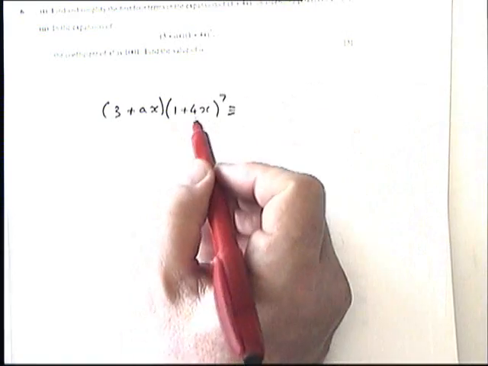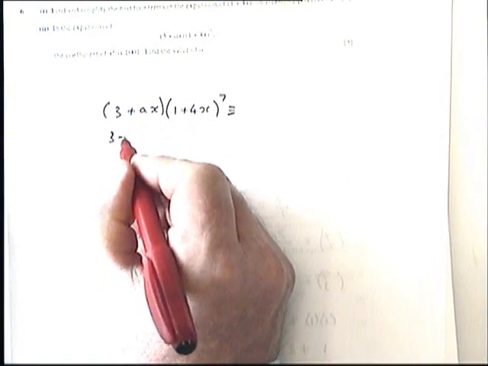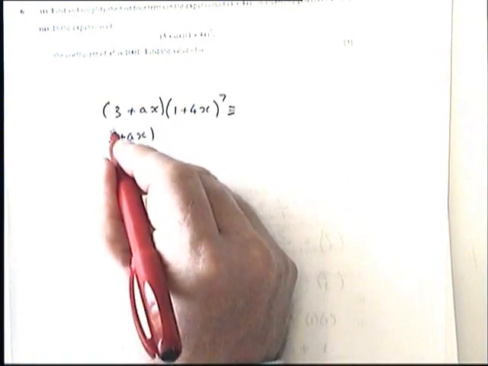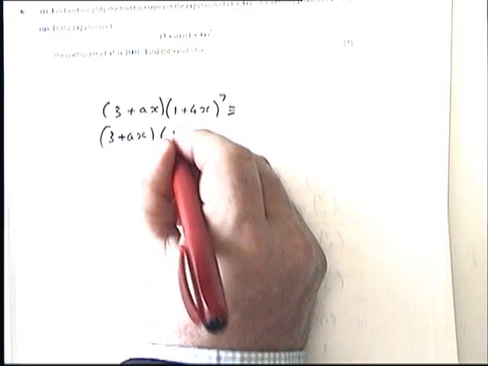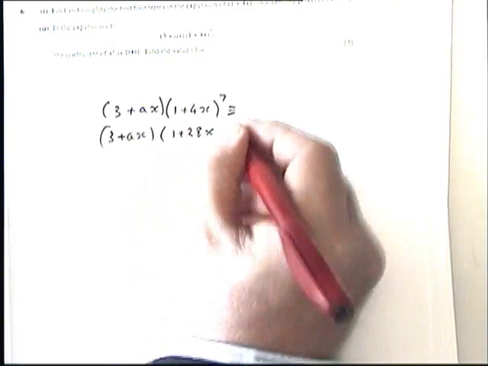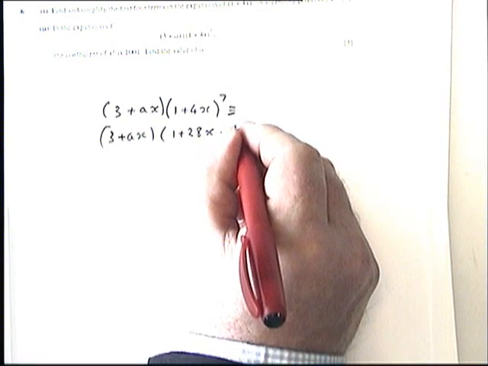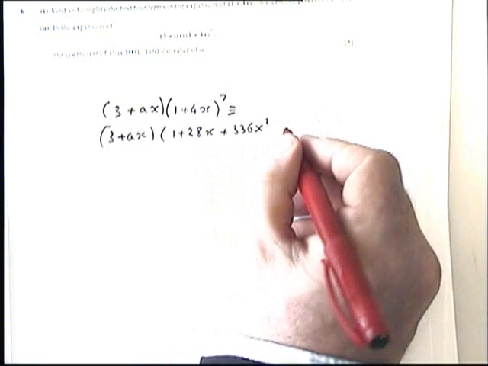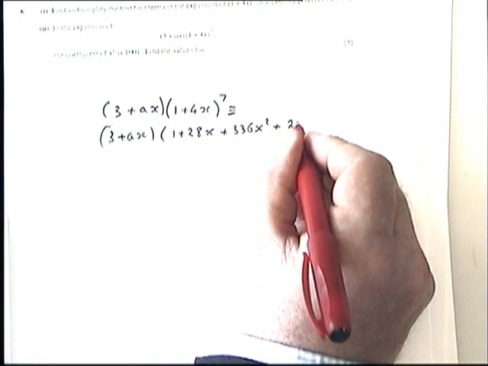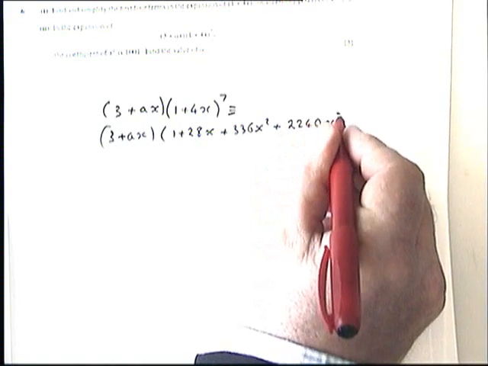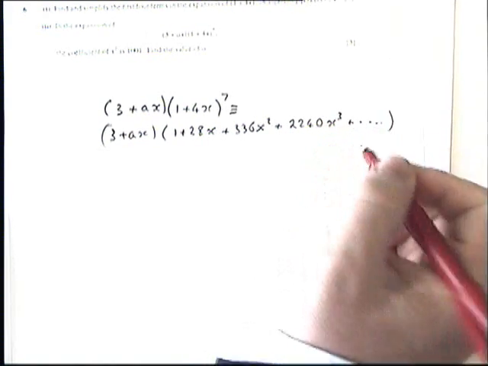Now if we use our expansion, that's 3 plus ax times by 1 plus 28x plus 336x squared plus 2240x cubed and so on.